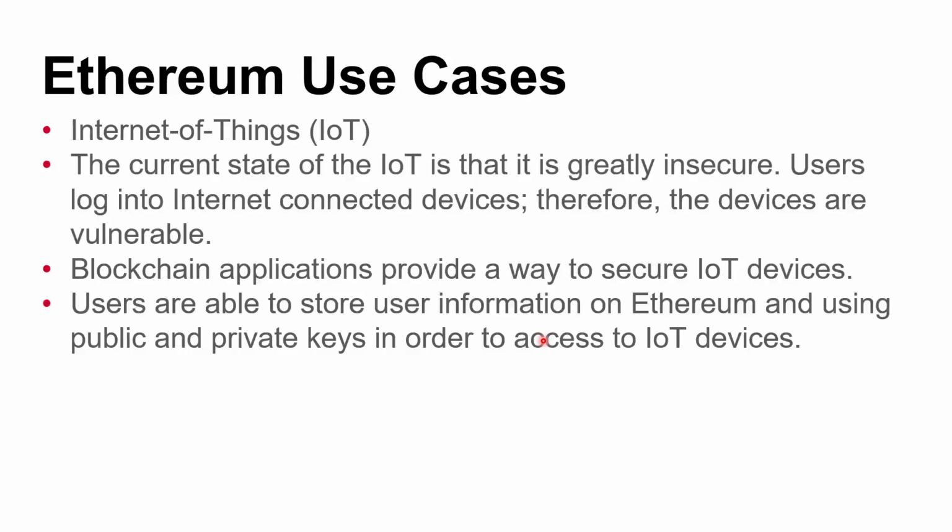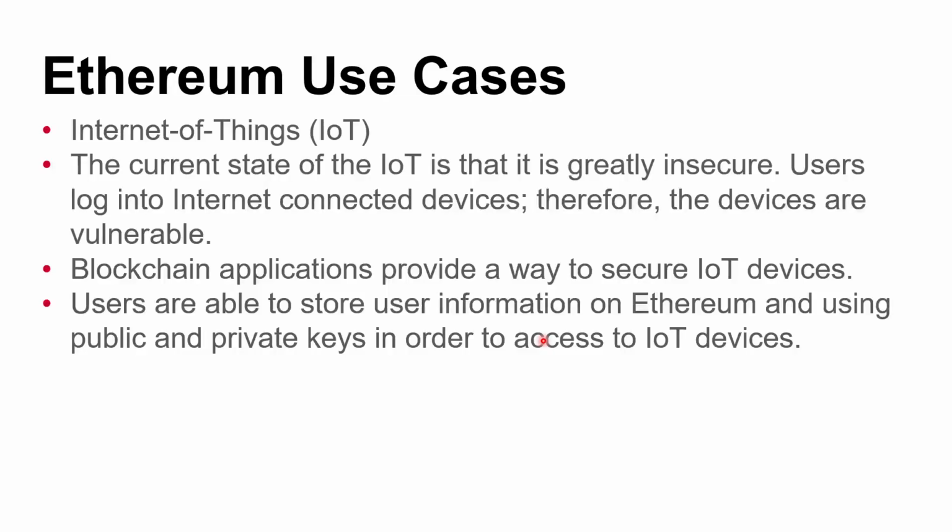Internet of Things. As devices are connecting to the internet, and then we don't even know, the IoT is considered to be greatly insecure because on these devices, nobody connects to our Wi-Fi's. It just happens for us. And so therefore, you can use a blockchain to help these devices log in.